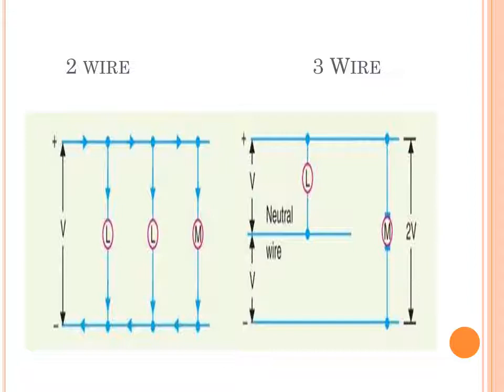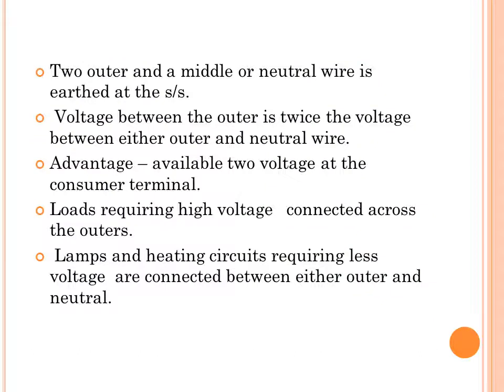Whereas in a 3 wire system, an additional neutral conductor is placed, where plus and neutral, and negative and neutral, possess a potential of V, and the total potential across the outer wires will be 2 times the voltage. The middle or neutral wire is earthed at the substation.